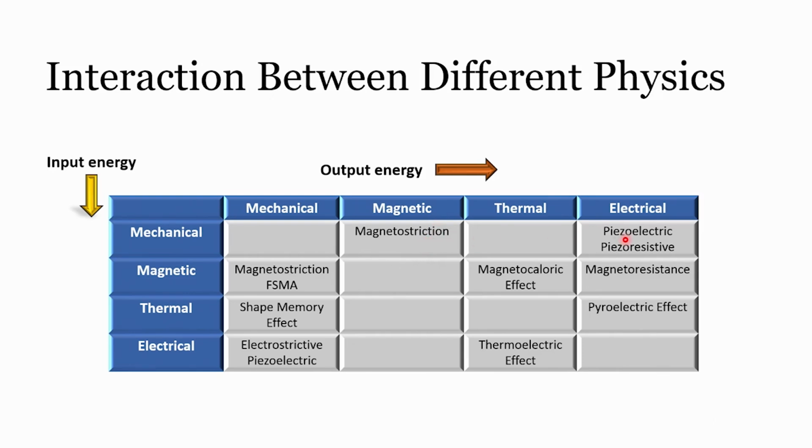Similarly, if your input is mechanical and your output is electrical, in the form of current, it is known as a piezoelectric or piezoresistive device. Then similarly, if your input is magnetic and your output is mechanical, you have magnetostrictive, and if the output is thermal, you get the magnetocaloric effect, and if your output is electrical, you get magnetoresistance.